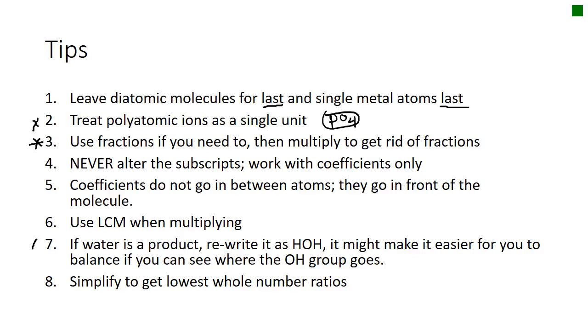Use your lowest common multiple when you're multiplying. And this is another tip that I really like. I think it's really good for students to just understand the chemistry that's happening. If water is ever a product in the equations that you're working with, rewrite water as HOH. You're not changing anything. But what this allows you to do is examine and find out where that OH group, that hydroxyl group, is going in your chemical reaction.